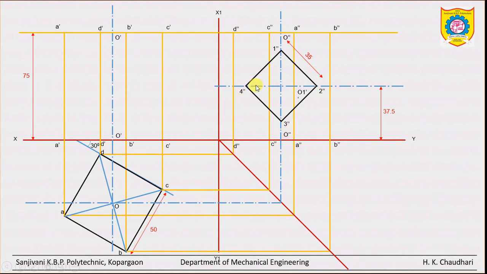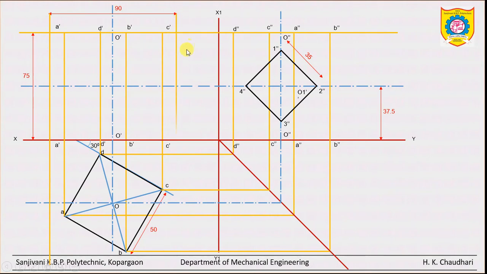Clear? Now just extend this axis horizontally in the front view, and 90 mm is the length of the horizontal axis or horizontal prism. Okay, so draw the end projector here and on the right.